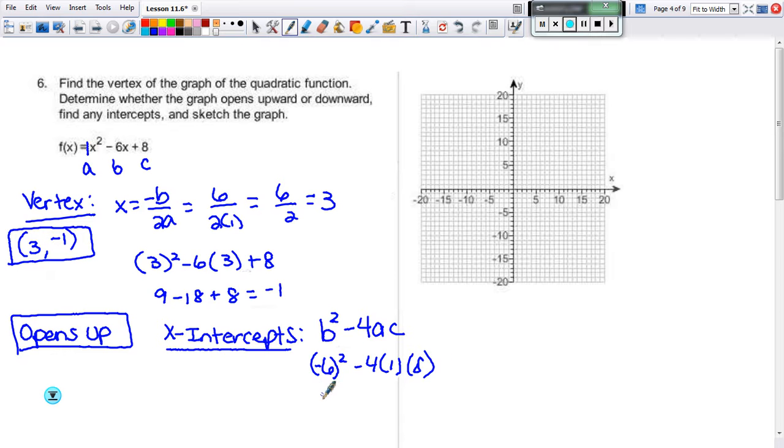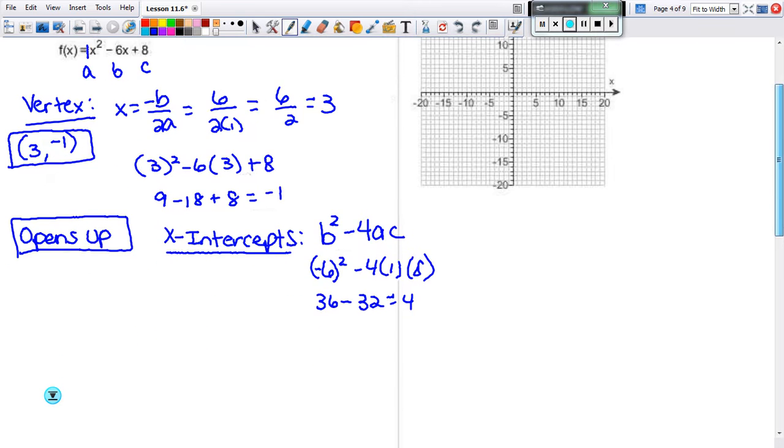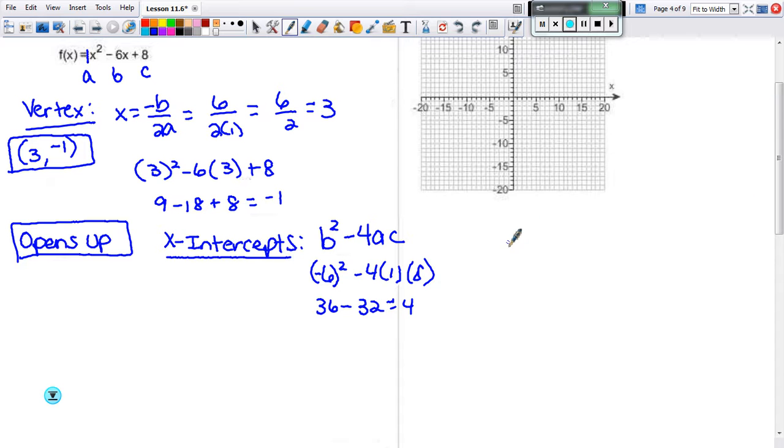Okay, -6 times -6 is 36, minus 4 times 8 is 32. The discriminant is 4, which means there are x-intercepts. So let's go ahead and figure those out. X equals the opposite of b. The opposite of -6 is +6, plus or minus the square root of the discriminant, all over 2 times a.